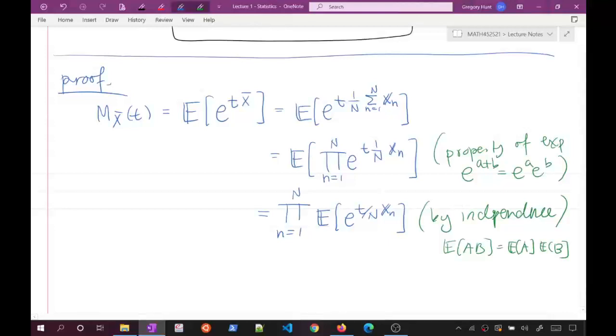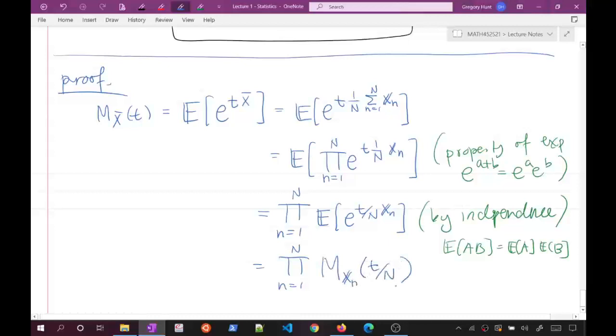And now we just need to recognize at this point that this thing, e to the t over n xn, is the moment generating function of x sub n at t over n.